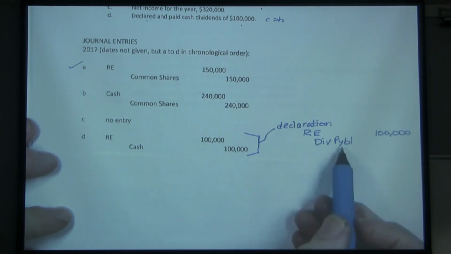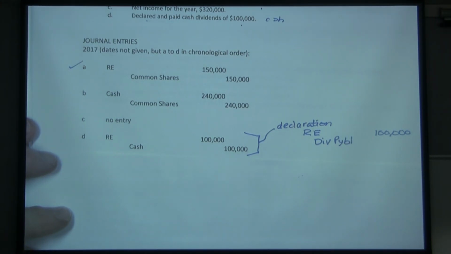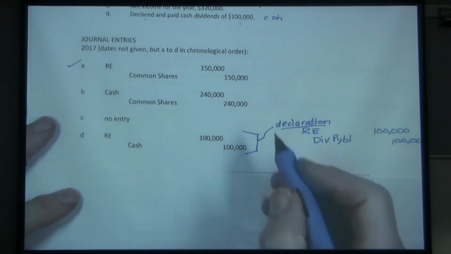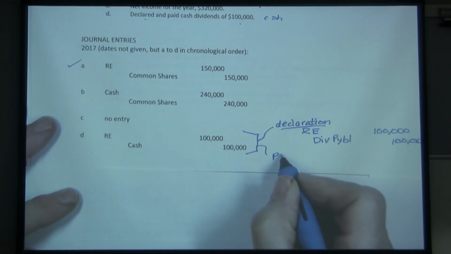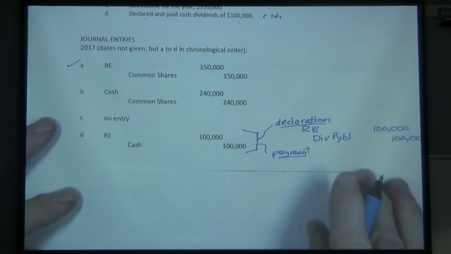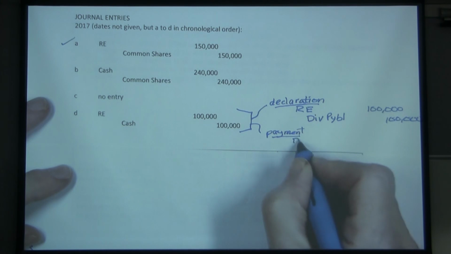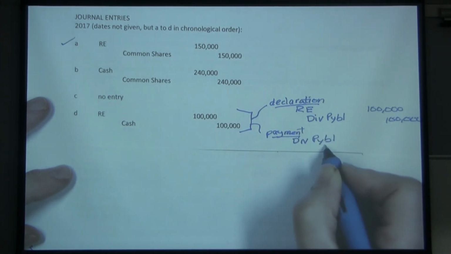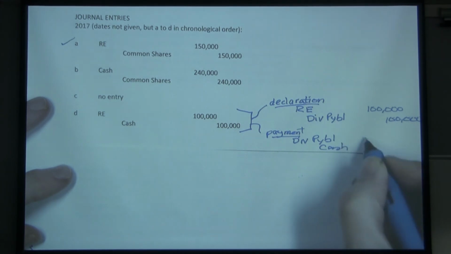When it's a common share dividend, we can just say dividends payable. If it's a preferred share dividend, we would say preferred dividends payable. So it's as simple as that. And then on the date of payment, our journal entry would be the debit to our dividends payable and our credit to cash.